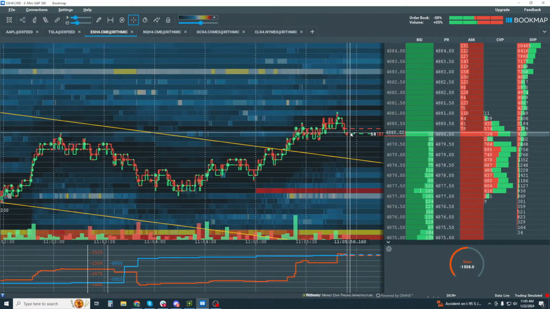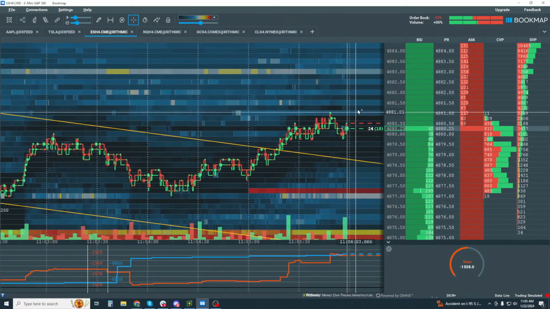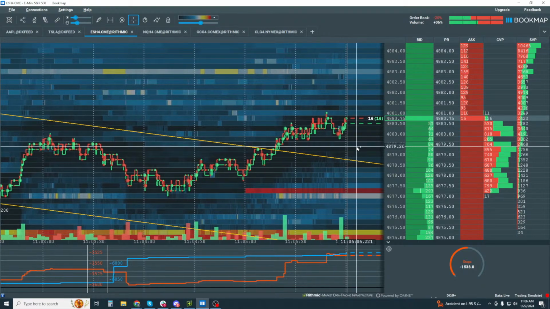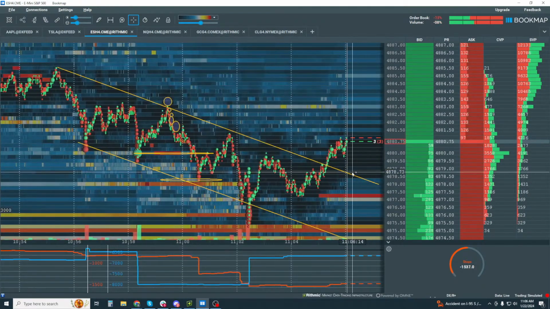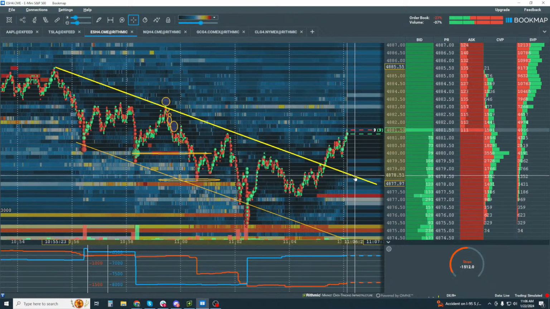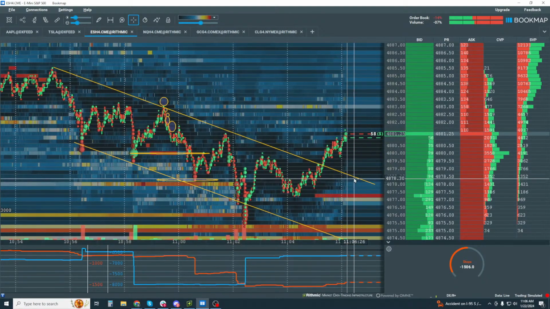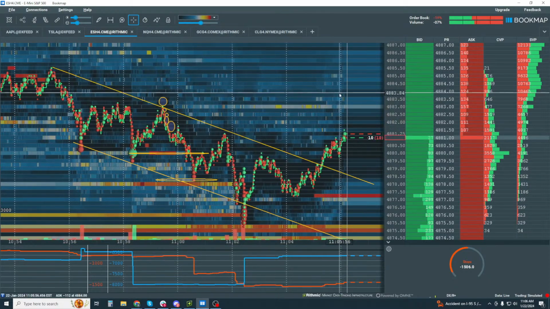So here we go. Let's see if we can get our sellers here now, and a move back into the range in here. Somewhere around here, we'd look for the move back down to about 78 or 78 and a half.